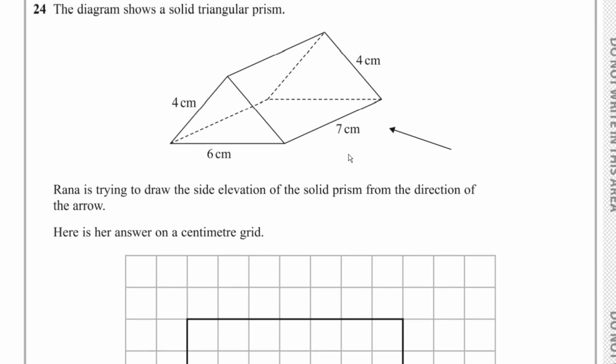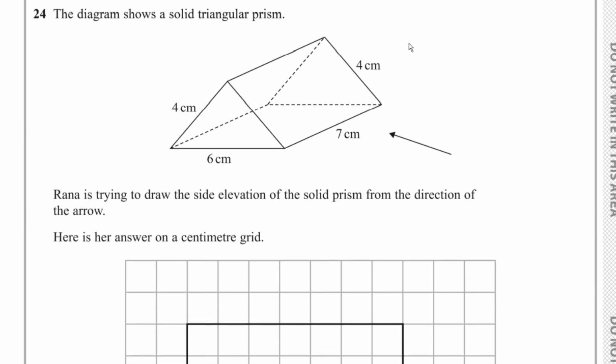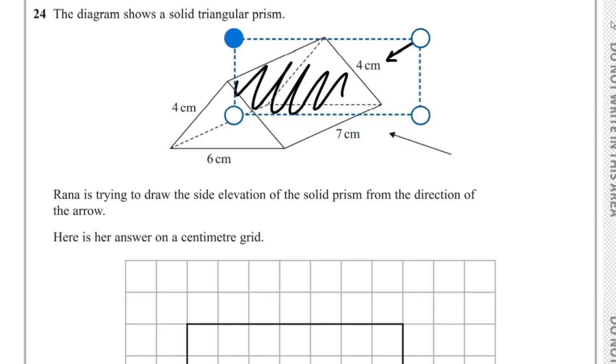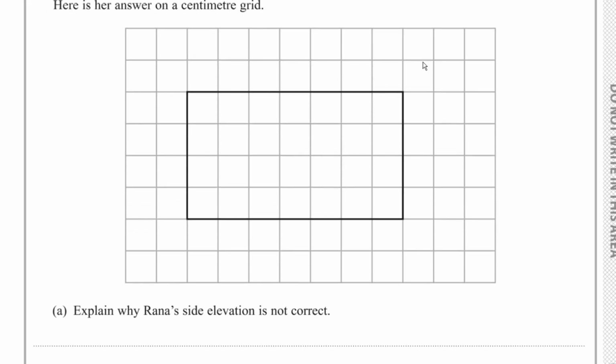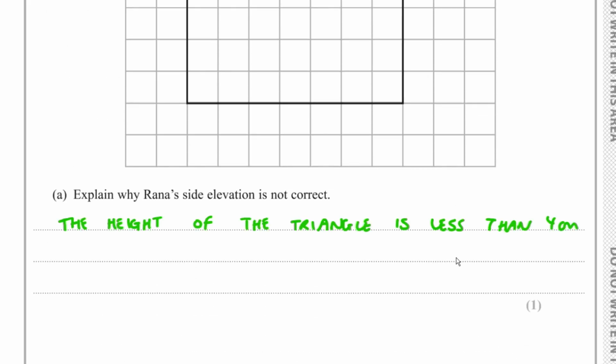Well, if we looked at it from this face, then yeah, she'd be correct. But because she's looking at it side on, the actual height, which is this one here, will be less, and that's through Pythagoras. So the height of the triangle will be less than 4 centimeters.